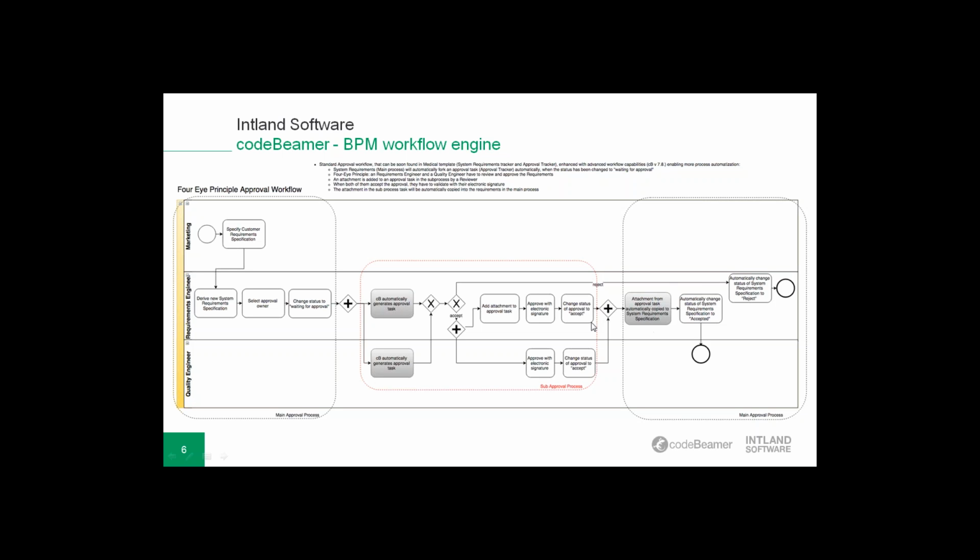And then once all the approval owners accept the sub-approval task, codeBeamer will automatically attach all the attachments from the sub task to the main approval process item, and also will automatically change the status into accepted.